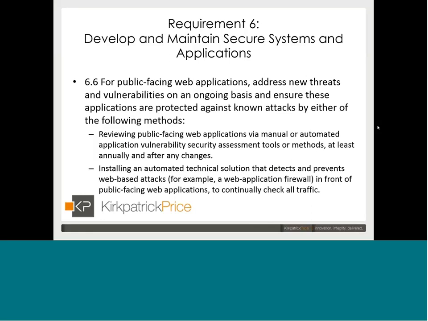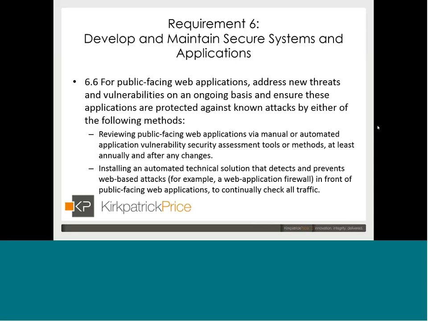Well, anytime you make a change to your web application, you're going to want to test it. If not through the use of a third party, you're going to want to have the tools yourself to be able to assess it internally with the appropriate personnel, to make sure that you have not introduced a vulnerability through the change that you've just implemented.